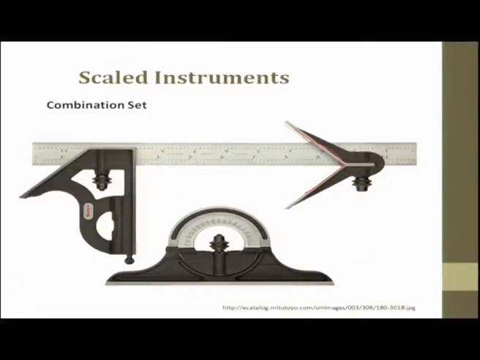So, the advantage is, if you remember, I would like to redraw the same component which we discussed last time. Angle is 60 plus or minus 2 degrees. From here it is 40 millimeter plus or minus 0.1.